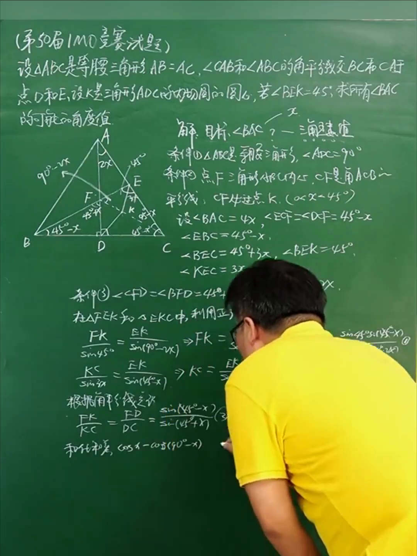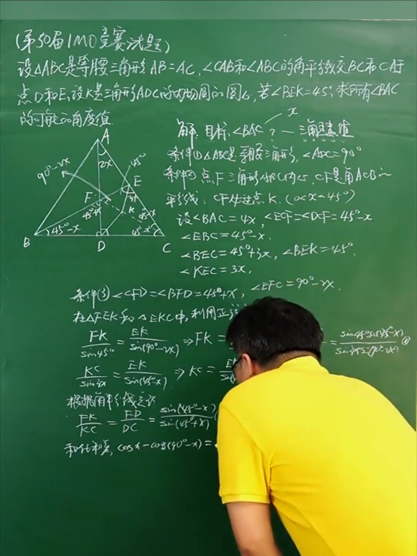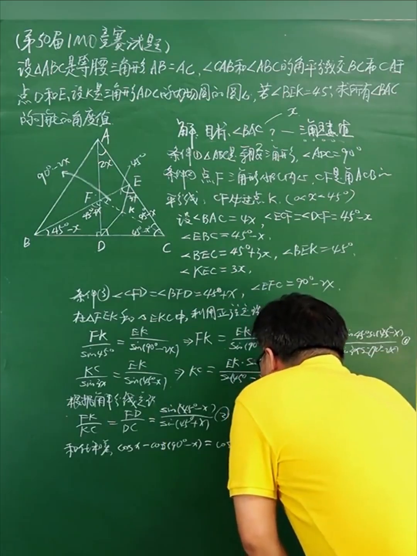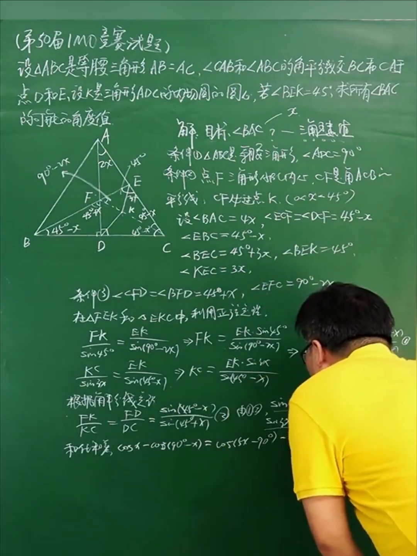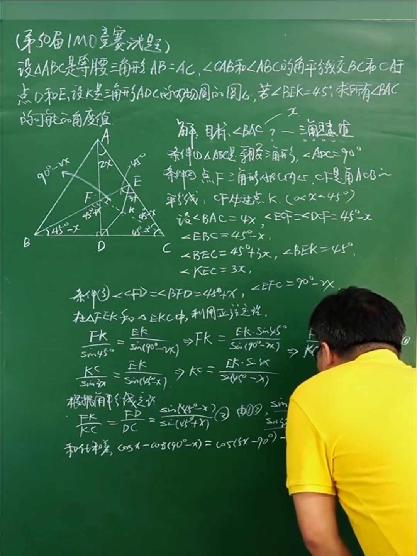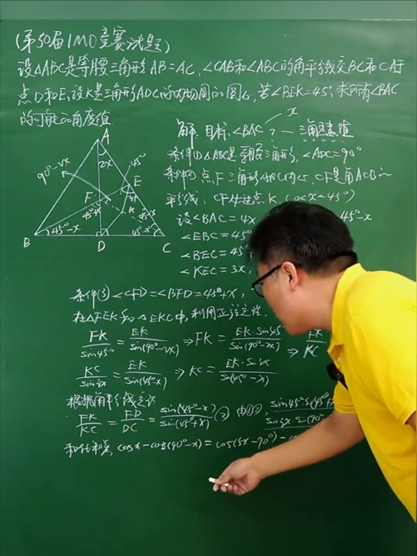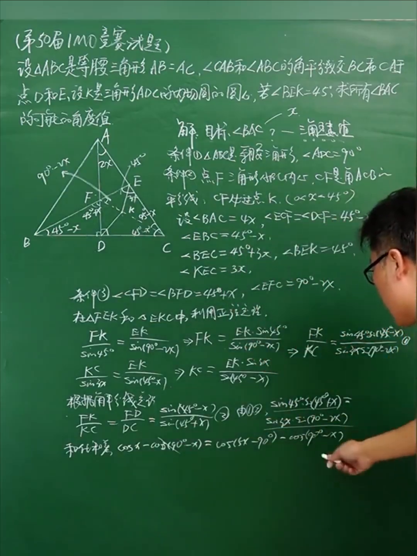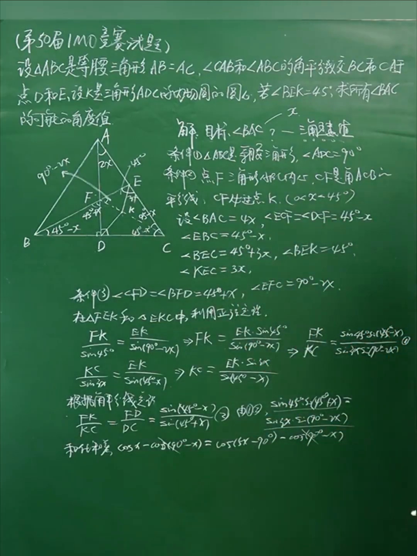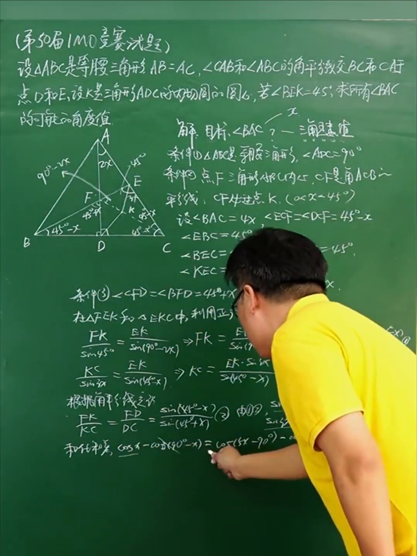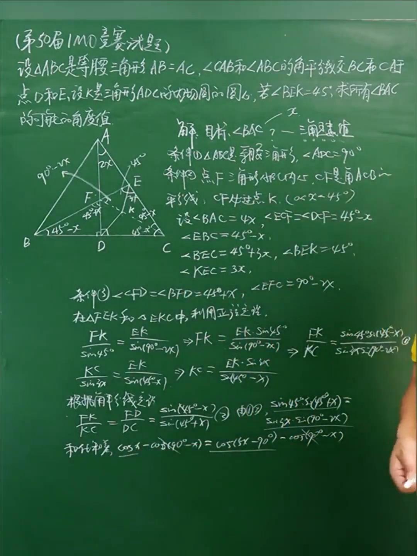This yields cos x minus cos(90 degrees plus x) equals cos(5x minus 90 degrees) minus cos(90 degrees plus x). On both sides of this equation, cos(90 degrees plus x) cancels out directly. We are left with cos x equals cos(5x minus 90 degrees).